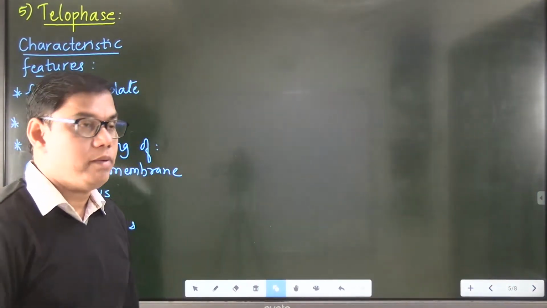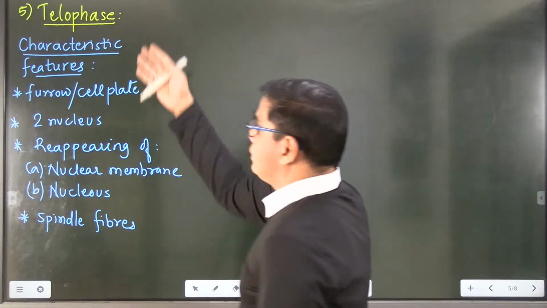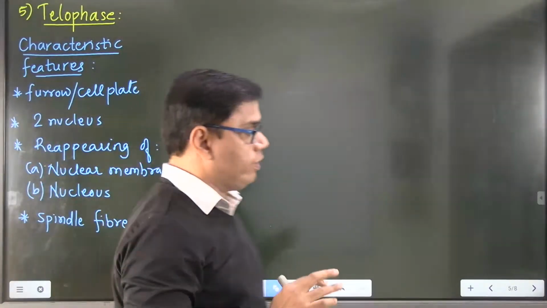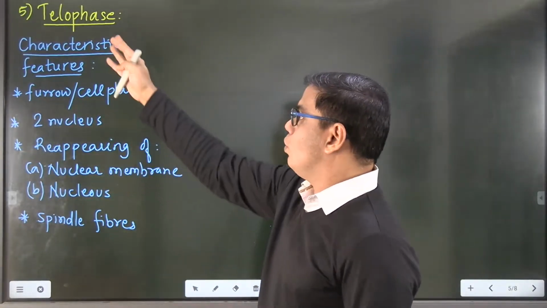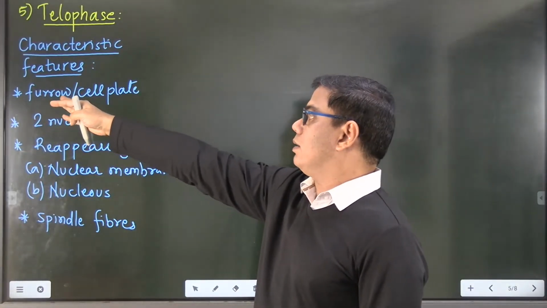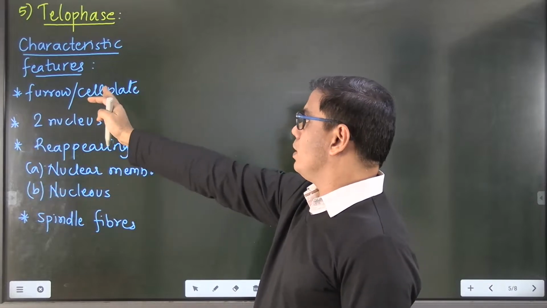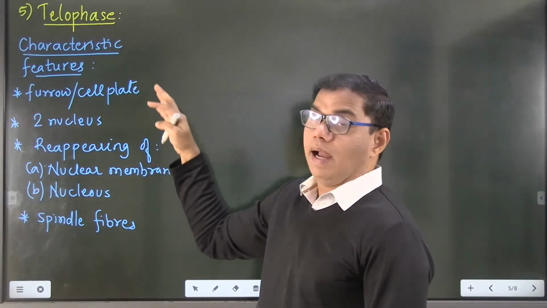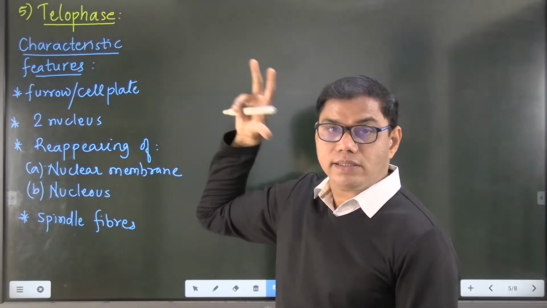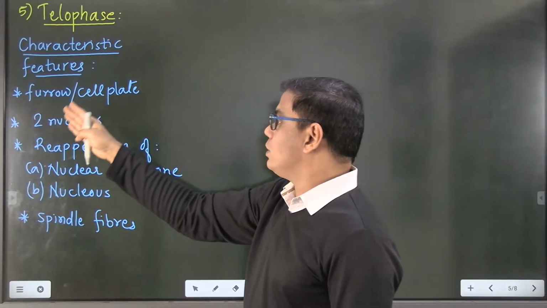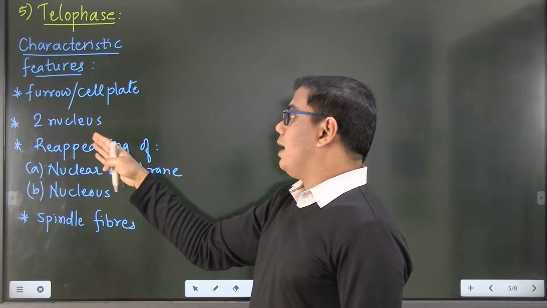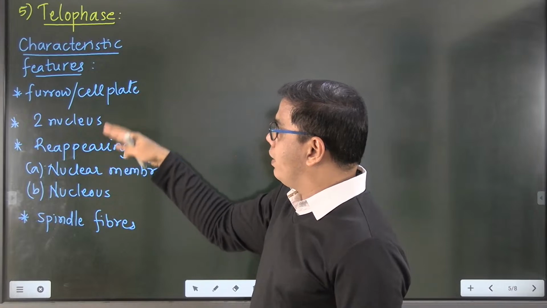This is very important. Characteristic features, please write this down. This is different from the previous one. We see that in animal cell there is a furrow formation, and in plant cell plate formation. And this is the phase where a single cell has two nuclei.